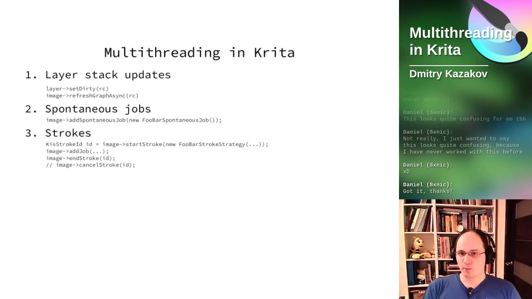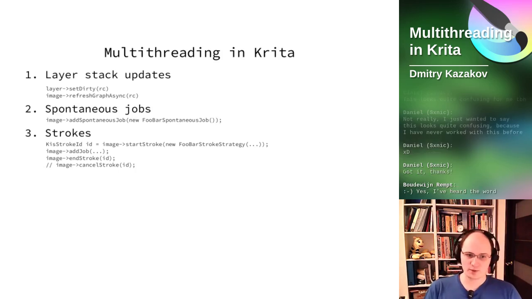The third API we have is called strokes. You surely heard it a lot of times. A stroke is an abstraction for a user action that is some complete finished user action.